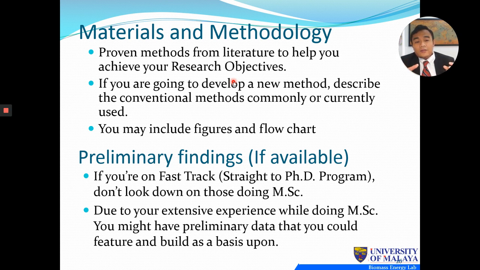If you are going to develop a new method, describe the conventional methods commonly or currently used. If you are using an established method already developed by somebody else, you have to cite the literature. You may include figures and flowcharts in this process. Then preliminary findings, if available.